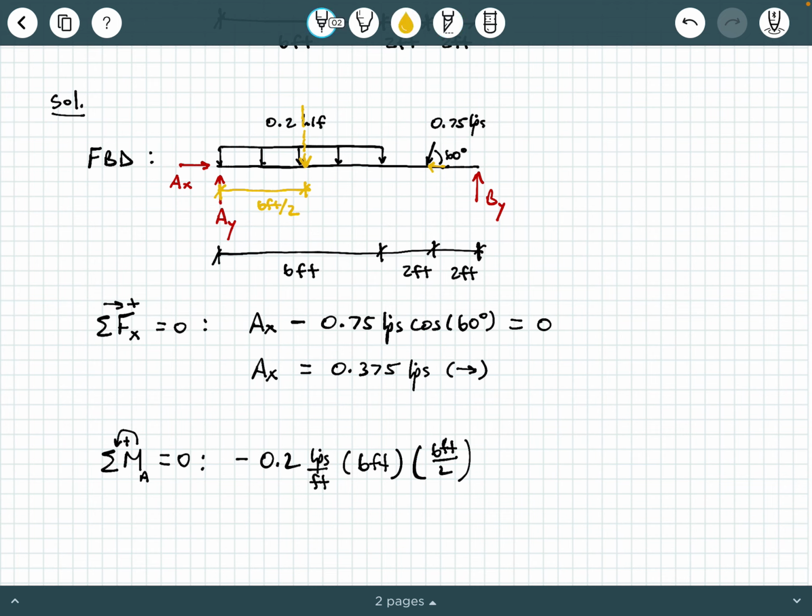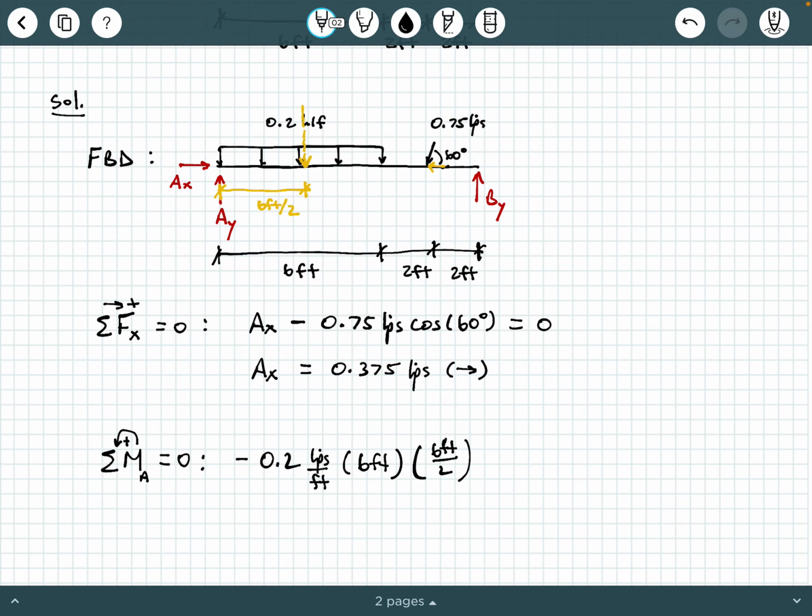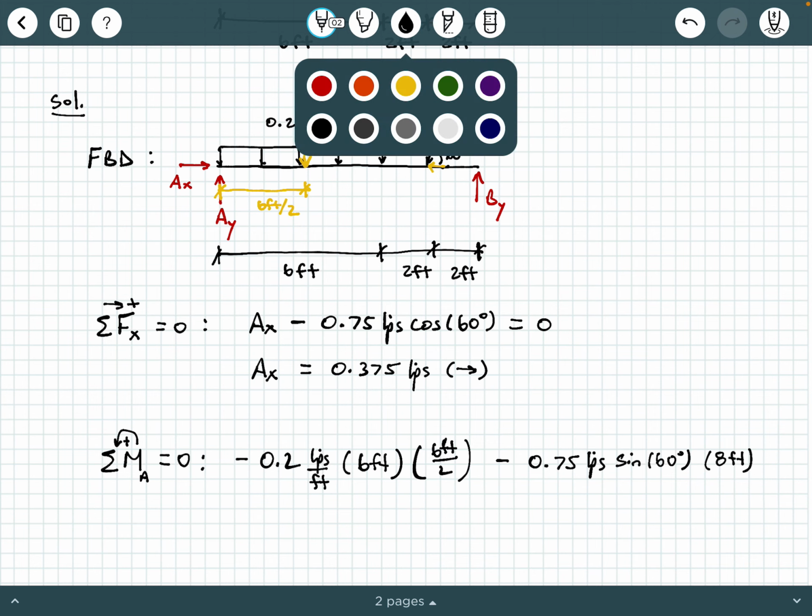All right. Next, we see the 0.75 kips. The 0.75 kips is going to cause a clockwise rotation about point A, but we need its vertical component, right? So we're going to say 0.75 kips times the sine of 60 degrees, and then times its perpendicular distance, which is 8 feet. So let's talk about why that is very quickly.